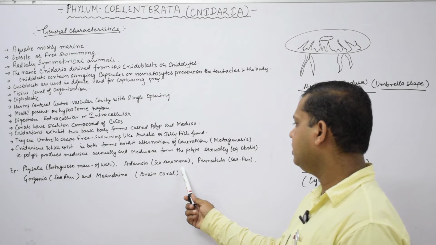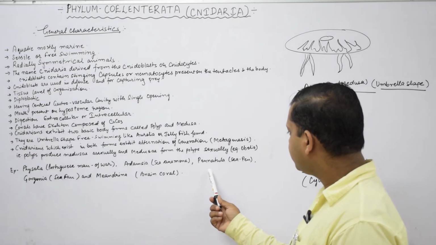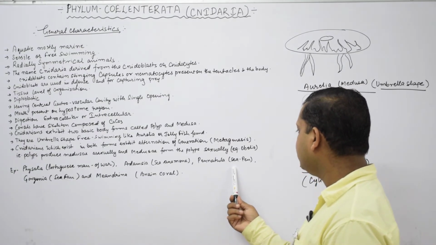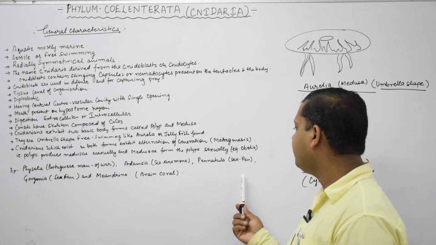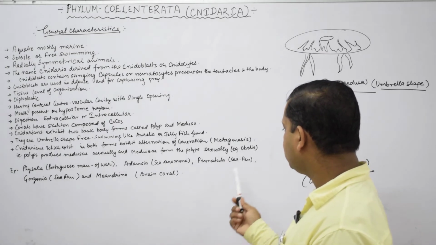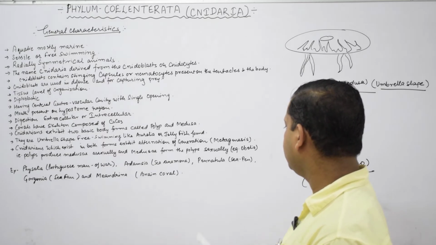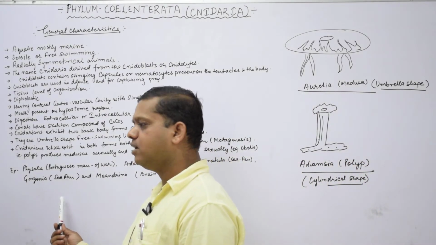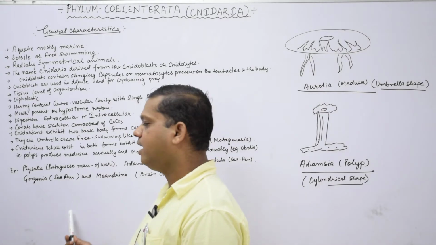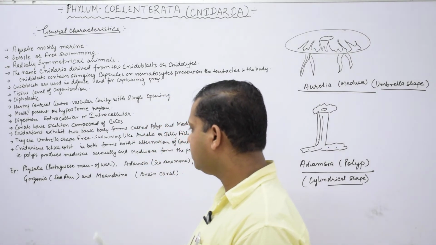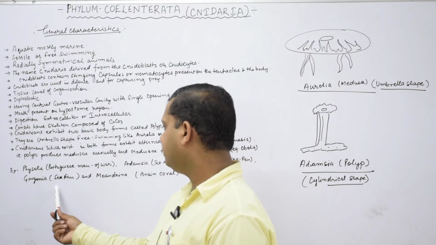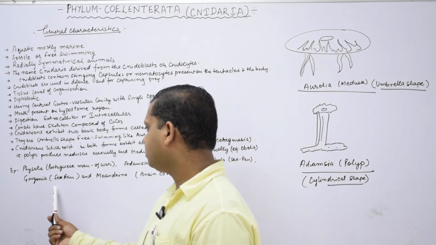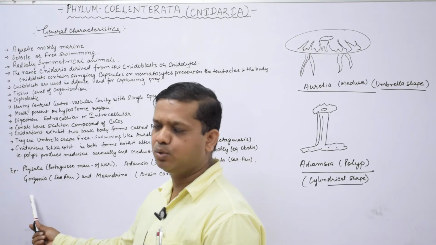Another animal is Pennatula, also known as sea pen, because the structure of the animal looks pen-like. Gorgonia is also called sea fan because it looks like a hand fan. So the animal looks like a fan, and it is known as Gorgonia.